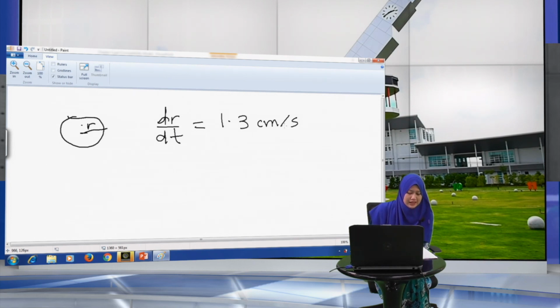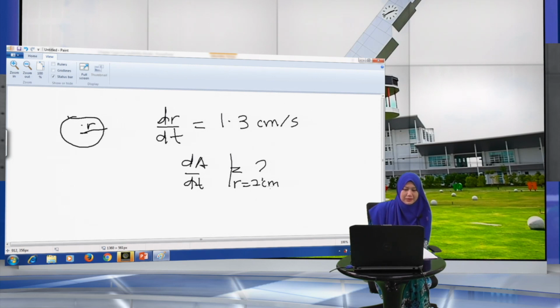So the question is, how fast is the area increasing? Area means dA/dt equal to what when the radius is 2 centimeter. Okay.